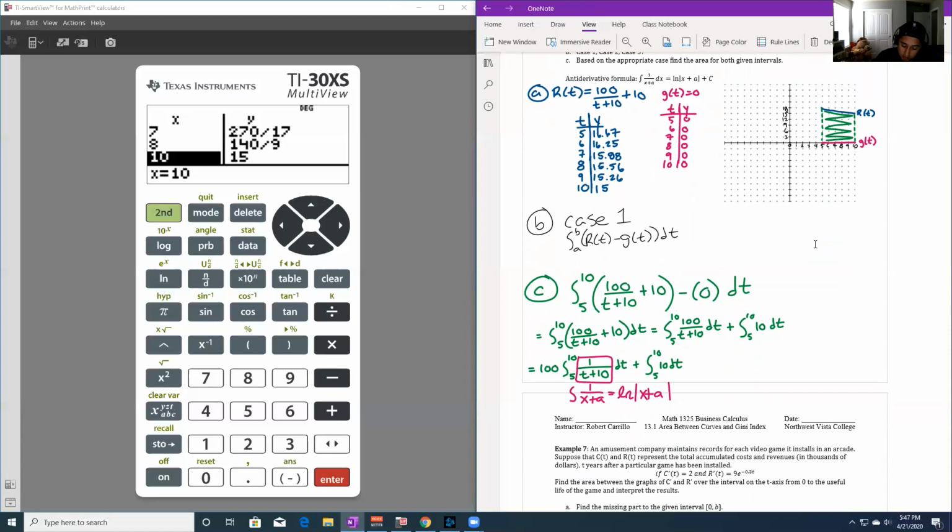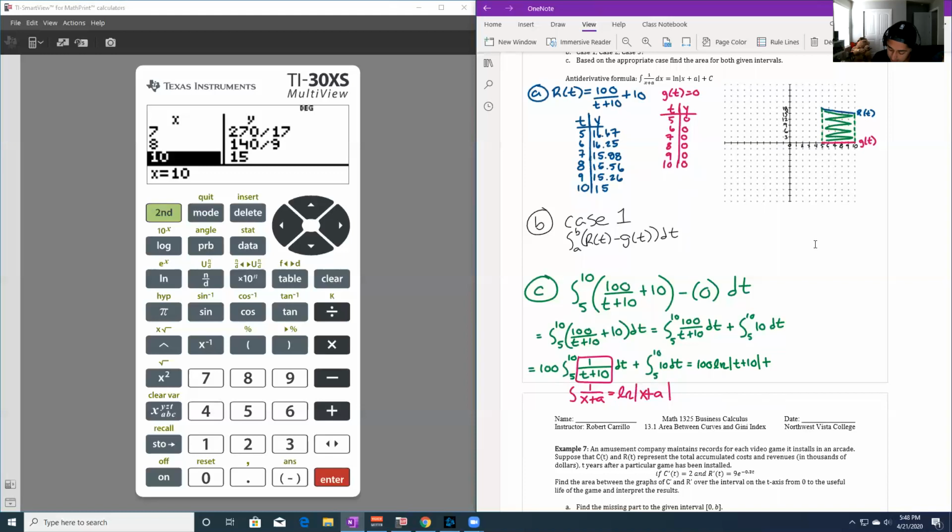So that means that all of this becomes 100 times the natural log of the absolute value of t plus 10, plus, what's the antiderivative of 10 by itself?